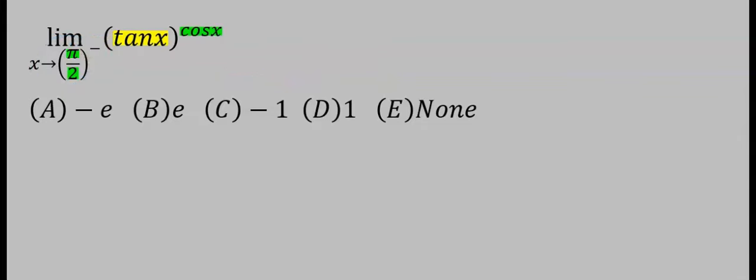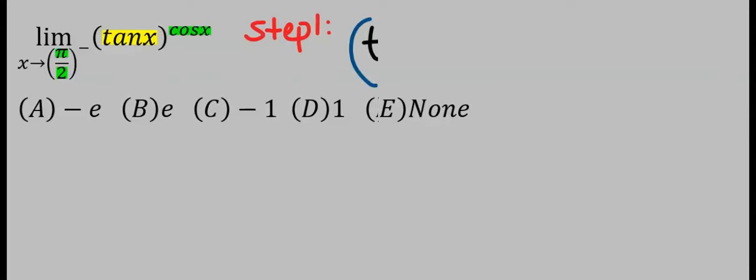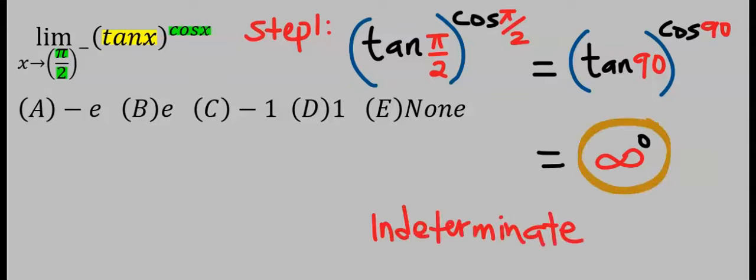Hence, we're going to solve this problem as if this is just alone. Step number 1. Apply direct substitution. And by plugging, we got infinity to the power of 0, which is indeterminate.